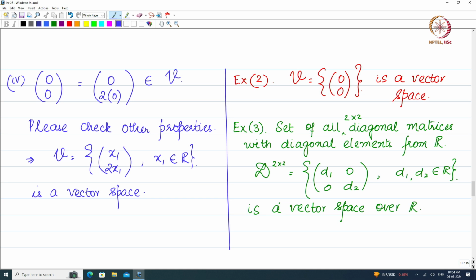So, a line passing through the origin is a vector space, be it in 2D or 3D. A plane passing through the origin is a vector space in 3D, and therefore we see the geometry of these vector spaces coming into the picture.